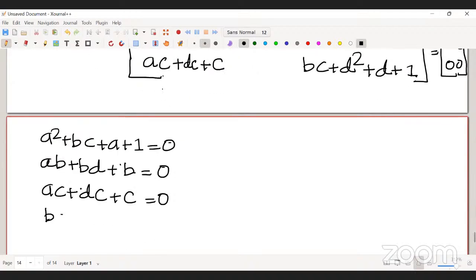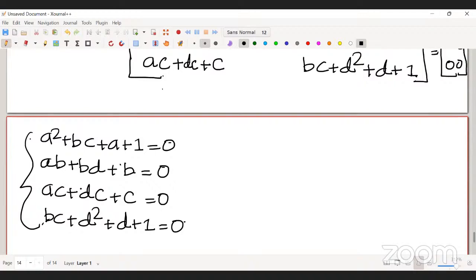Then you have BC plus D square plus D plus 1 equal to 0, right? So these are the 4 equations you are getting. Certainly these are not linear equations, so it's slightly difficult to solve this system of equations. More or less we need to do it by trial and error.